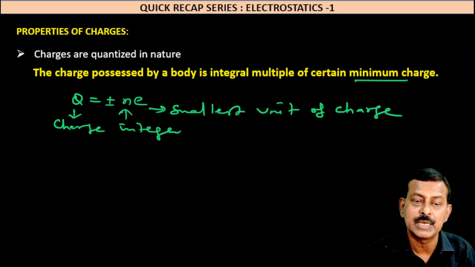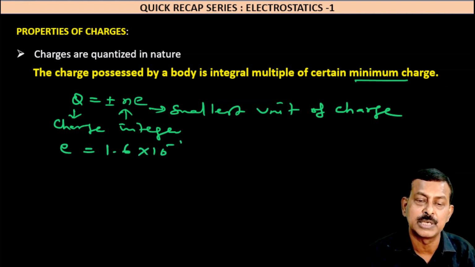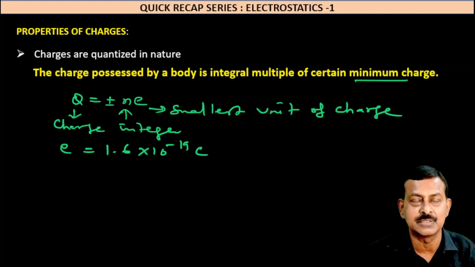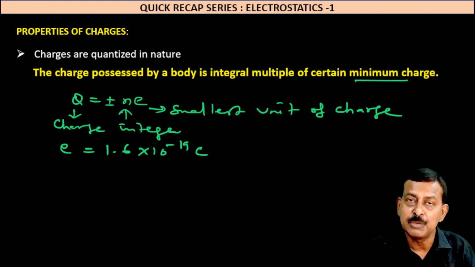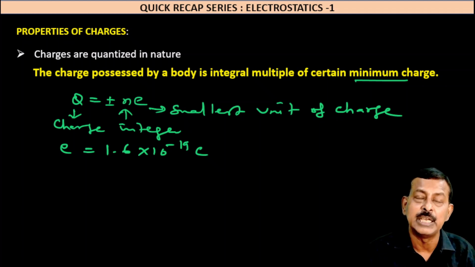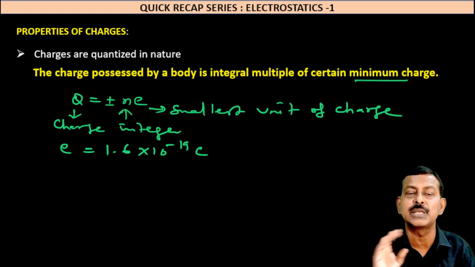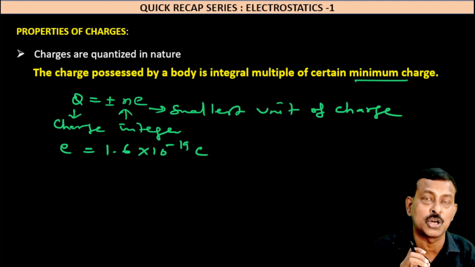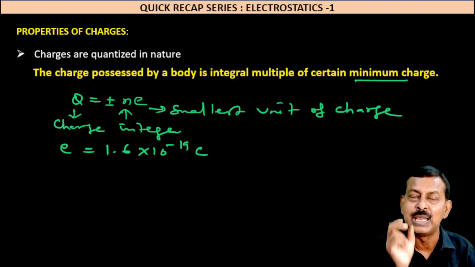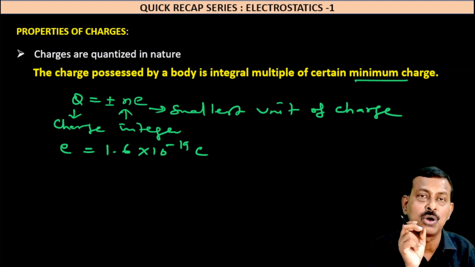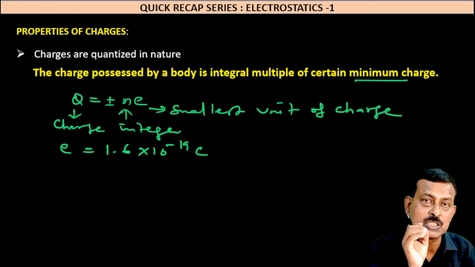So here, E will be equal to 1.6 times 10 to the power minus 19 Coulomb. That is the electronic charge. So if a body is charged, it will have charge only as an integral multiple of the charge on the electron at this particular moment, because this charge on the electron we consider as the smallest charge.